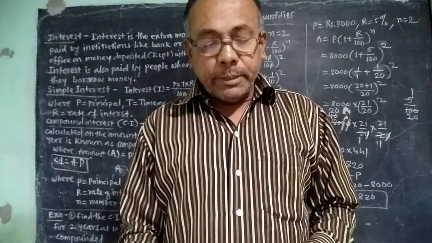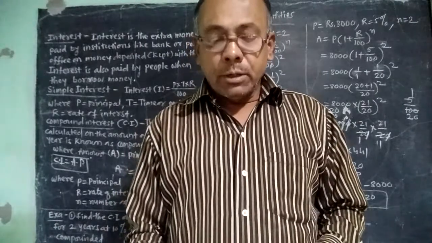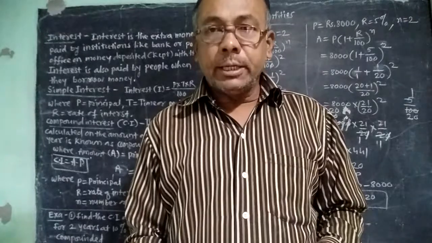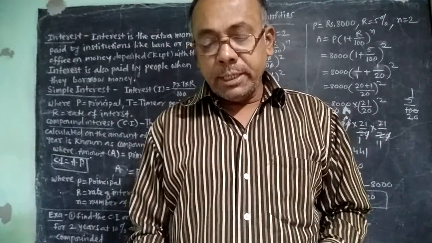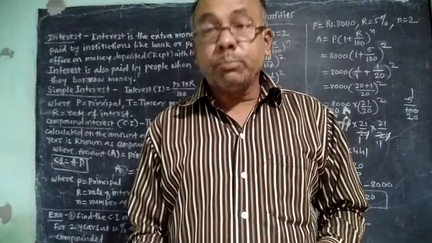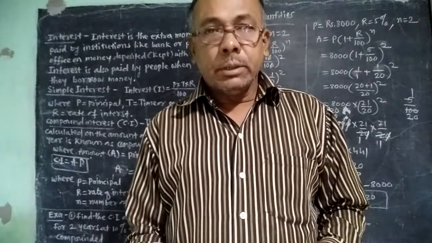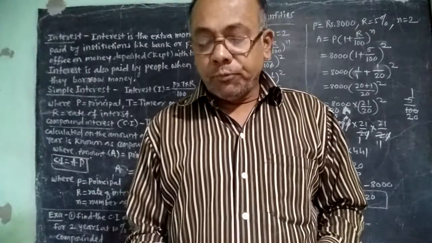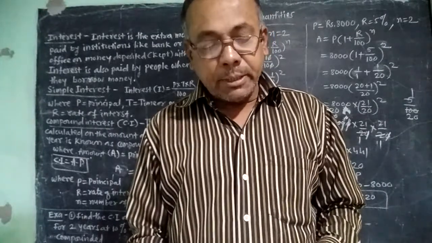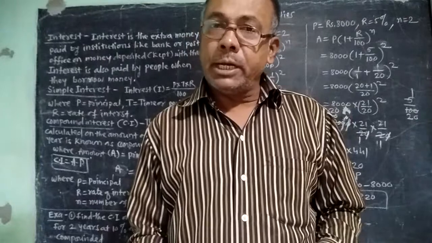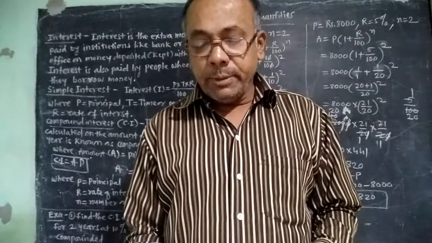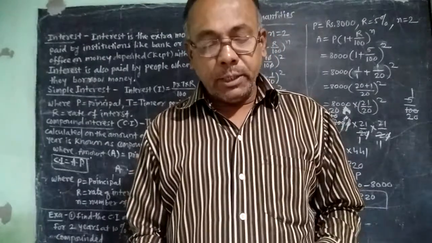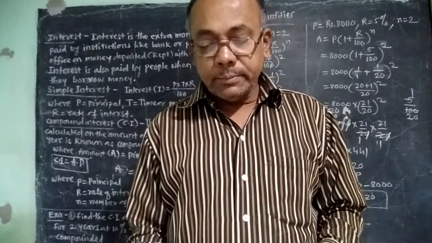And if the interest is compounded quarterly, then the time period becomes 4 times and rate becomes 1/4 of the annual rate.